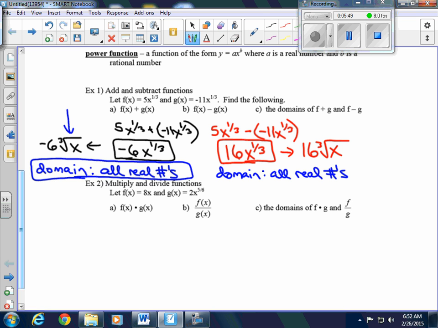If I put in negative 8, the third root of negative 8 is negative 2. Negative 2 times 16 is negative 32. If I put in 0, the third root of 0 is 0. 0 times 16 is 0. So I'm going to get the answer 0. So no matter what, again, I put in any number there, I'm going to get a solution. So the domain in this case, again, is all real numbers.